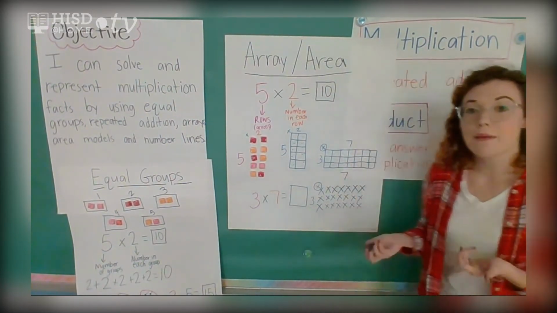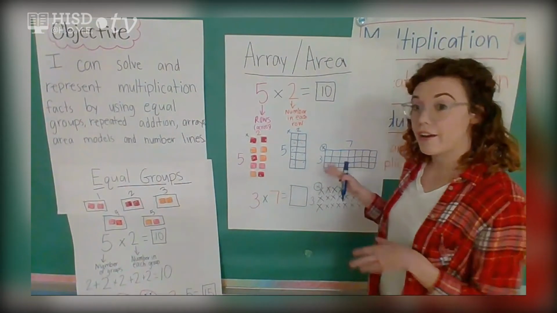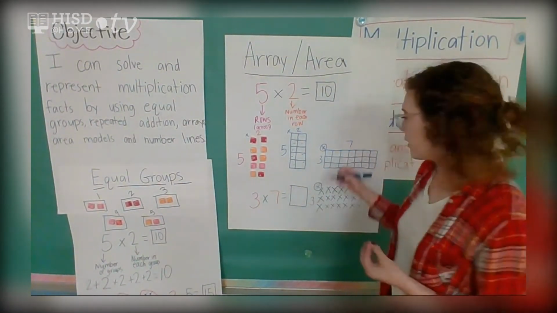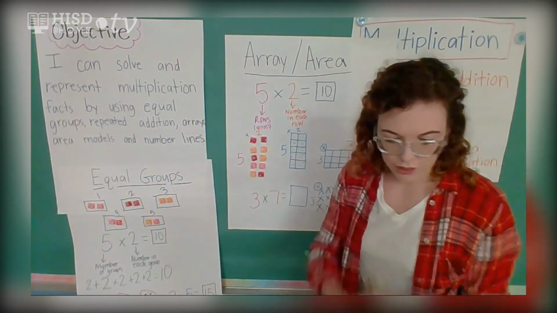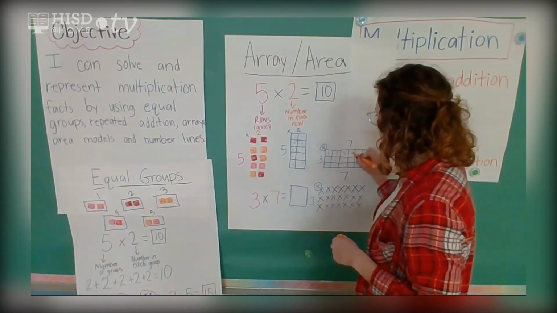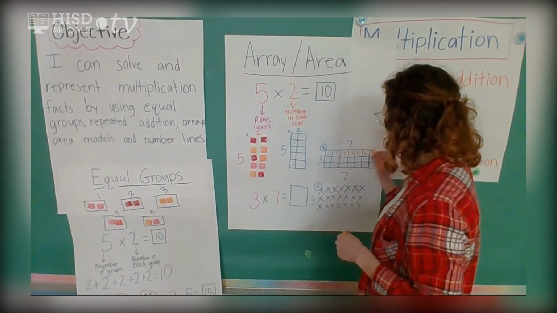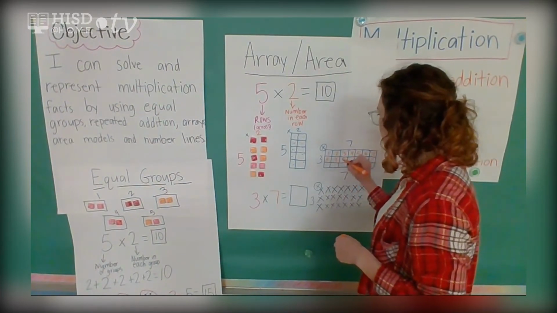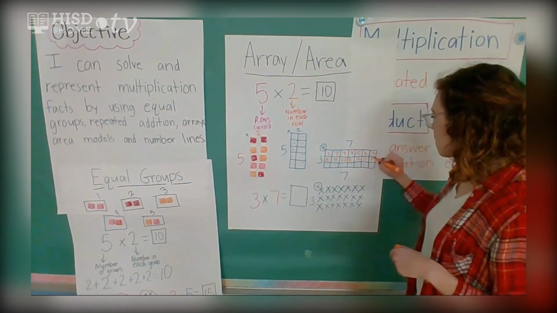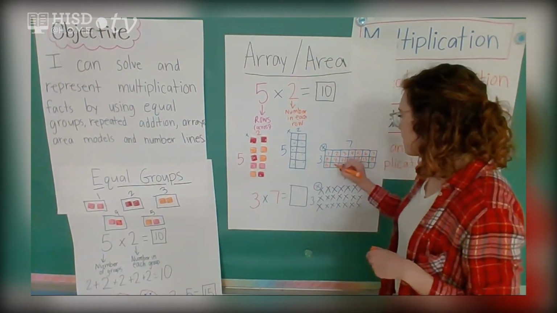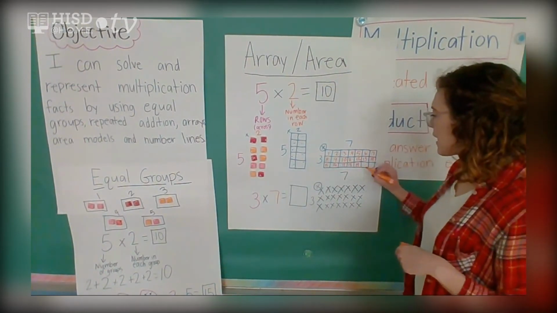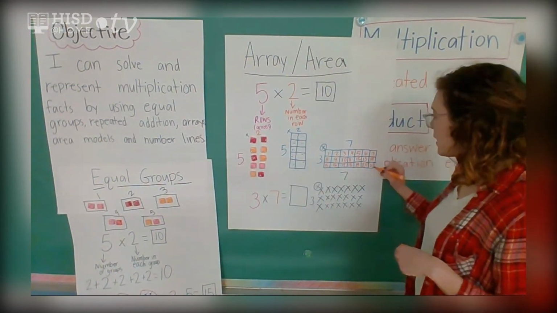And I'm going to count these. What a lot of people do for area is they write the number in here, which you can do when you're first learning, right? Let me find another color to count. 1, 2, 3, 4, 5, 6, 7, 8, 9, 10, 11, 12, 13, 14, 15, 16, 17, 18, 19, 20, 21.